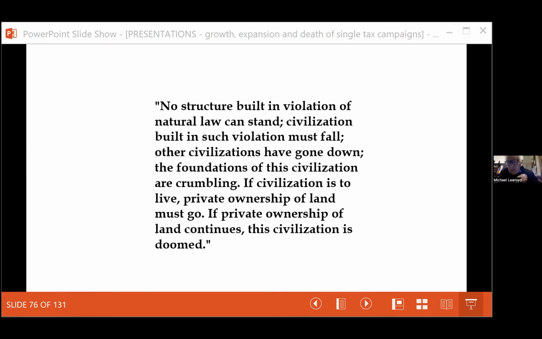Oh yes, I've been looking at this question, and the phrase I want to introduce to you, or you probably know it already, is the property state. It's being spoken about by a number of people here in London. Gavin Kerr wrote a book about it, and he's the current chair of the Henry George Foundation here. But in fact, it's in that last sentence: if private ownership of land continues, this civilization is doomed.